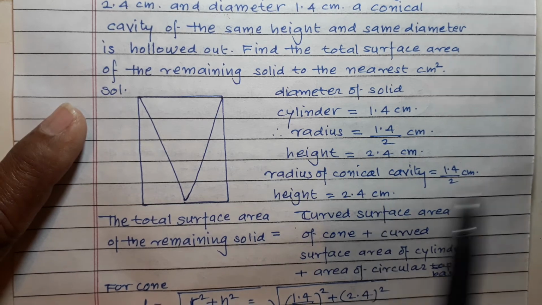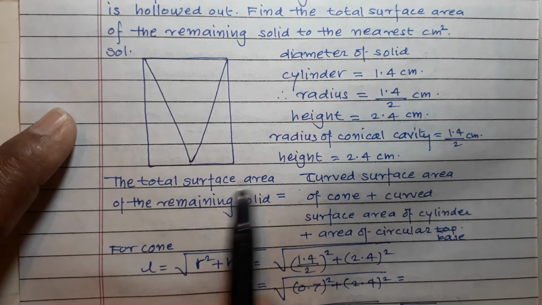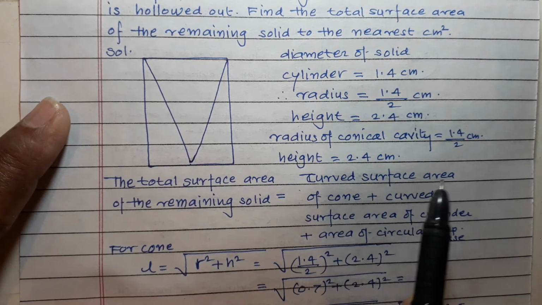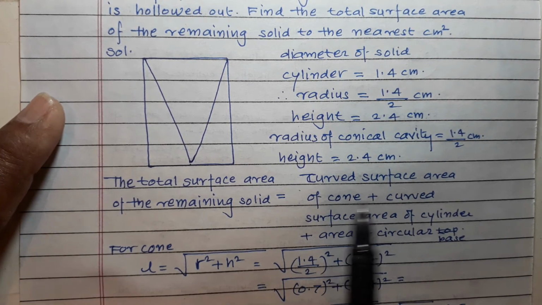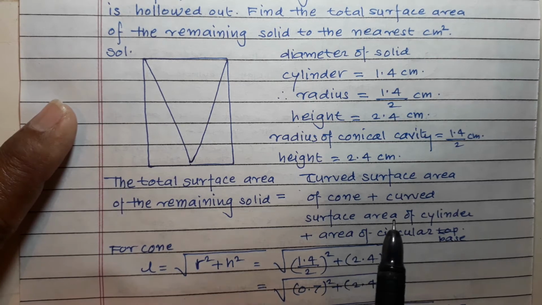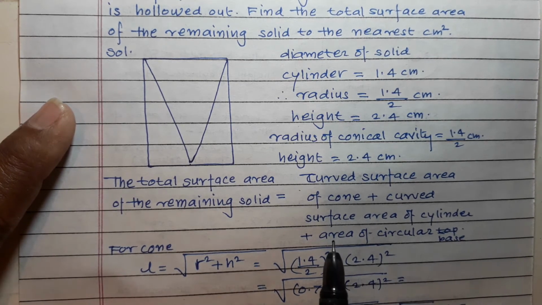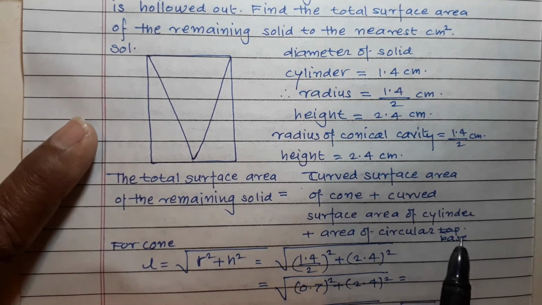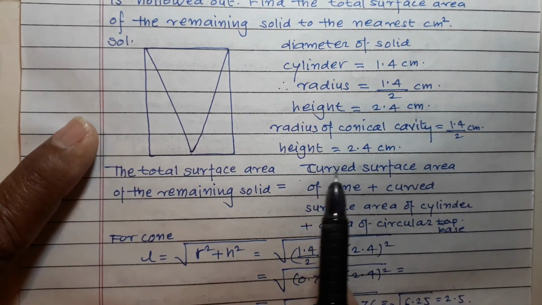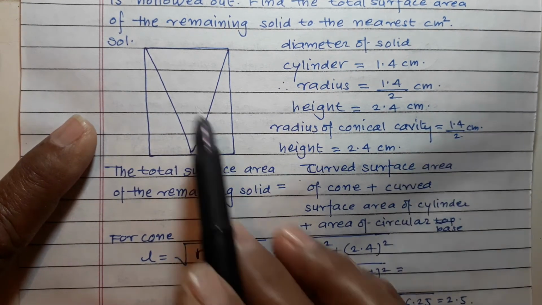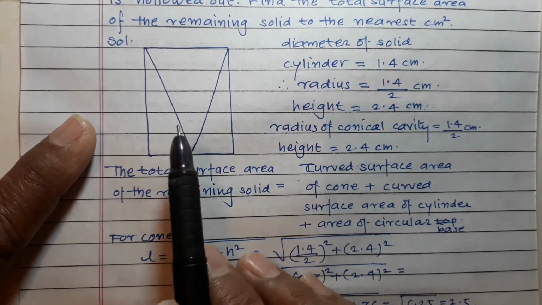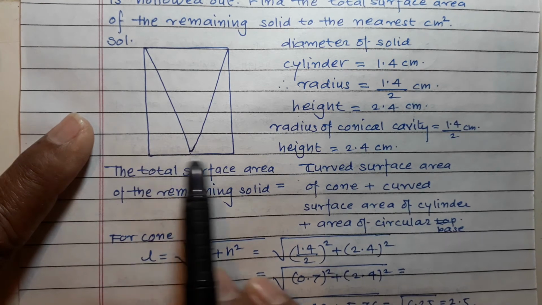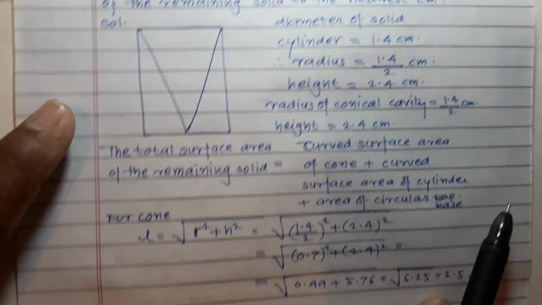Now the total surface area of remaining solid is equal to curved surface area of cone plus curved surface area of cylinder plus area of circular base. So curved surface area of cone means this, and curved surface area of cylinder and area of base.